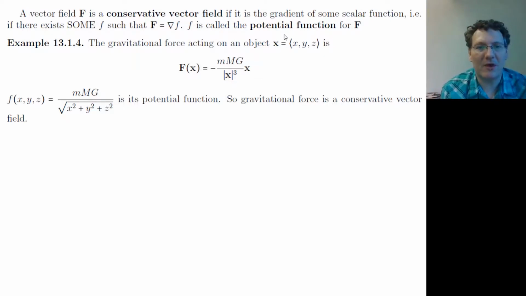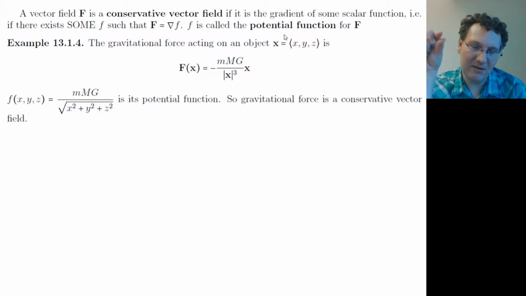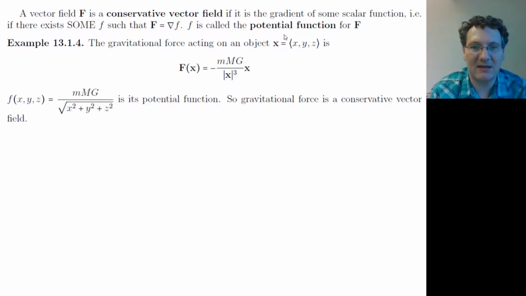As an example, the gravitational force on an object is a vector field. Say the object is at the coordinate xyz relative to another object exerting a large gravitational force with mass big M. If the little object has mass little m and the large object at the origin has mass big M, then the gravitational force acting on it is going to be little m big M, times G, the gravitational constant, times the vector x over the magnitude of x cubed.